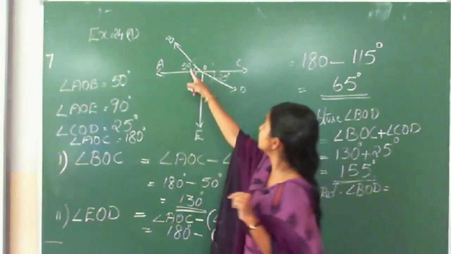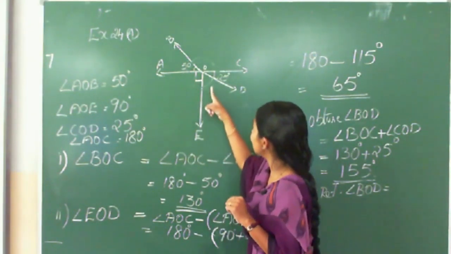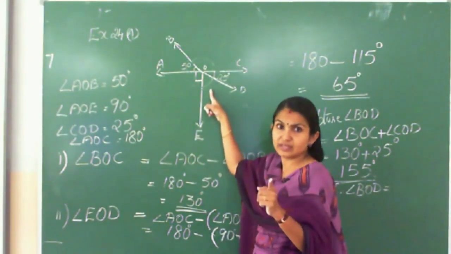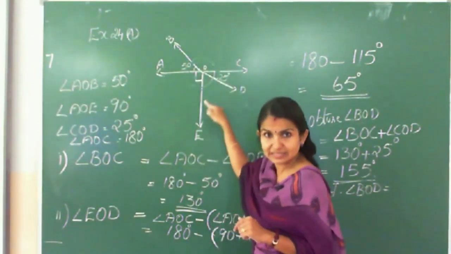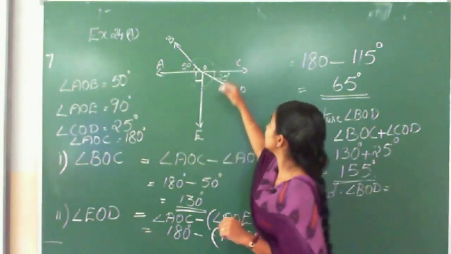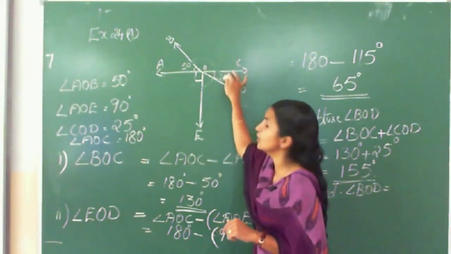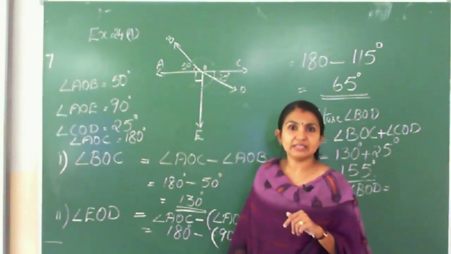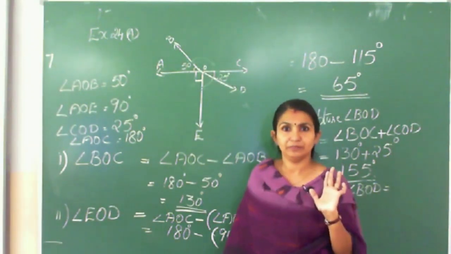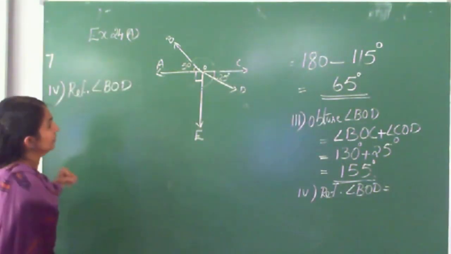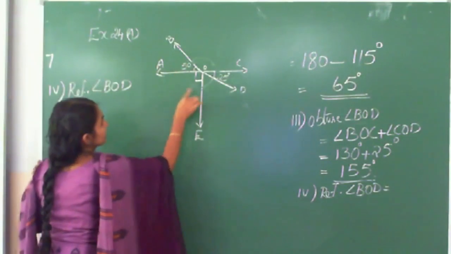Two ways are there to find it out. The first one is you should add 50, 90 and this angle. That's the first thing. Otherwise, this total is 360 degrees. From that 360, if we subtract this, you will get the reflex angle. Both the methods I will show you here. The first method is just add these 3.